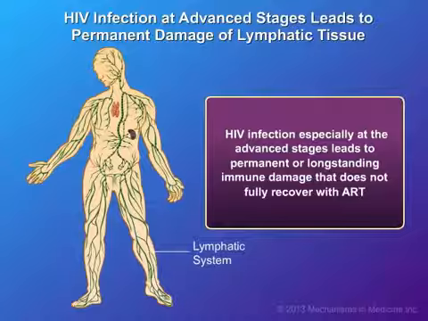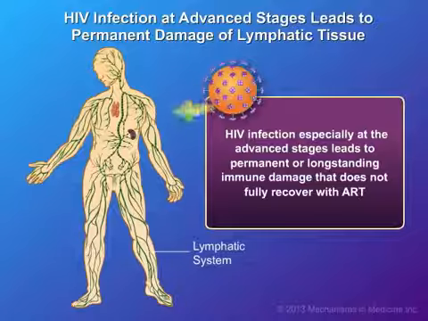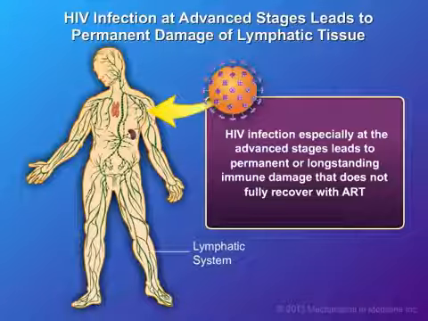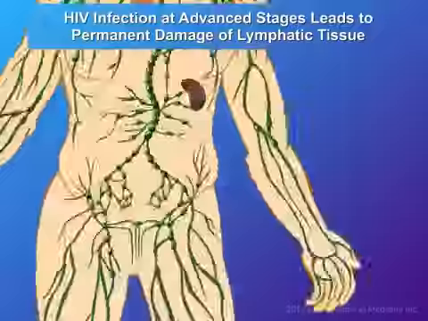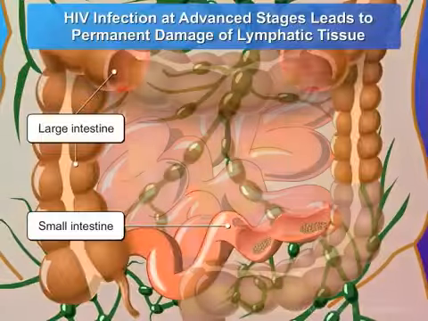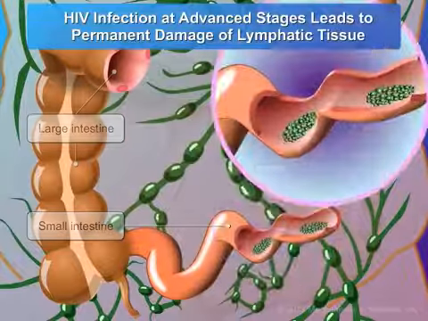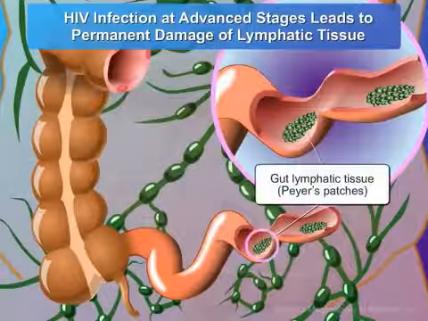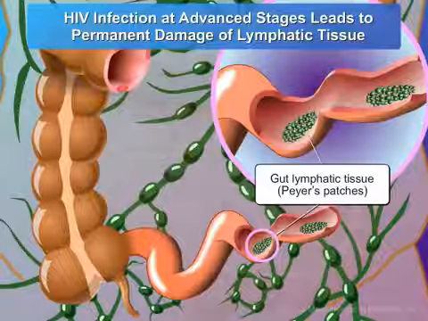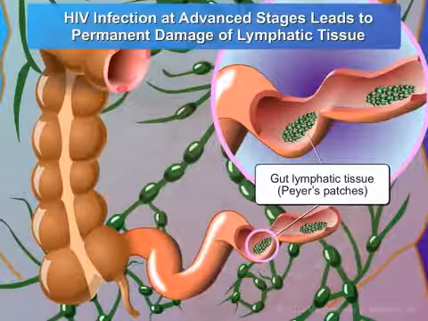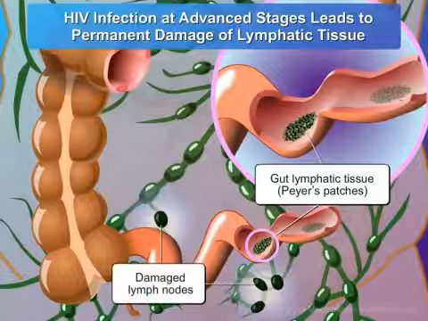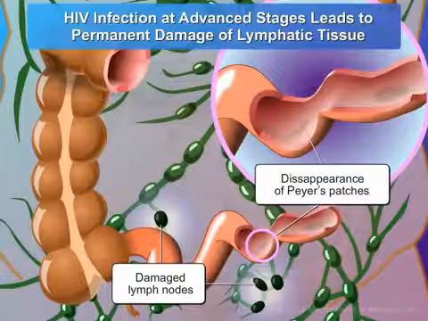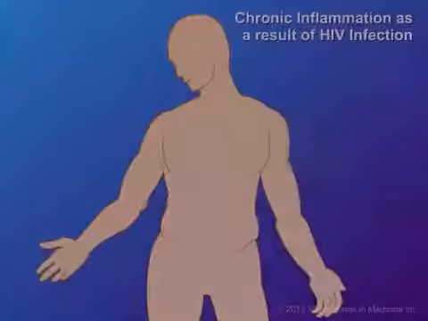However, HIV infection, especially at the advanced stages, leads to permanent or long-standing immune damage that does not fully recover with ART. HIV infection leads to fibrosis, or tissue remodeling, that causes damage to lymphatic tissue, which is unable to restore and maintain a population of CD4 cells, particularly in lymph nodes and gastrointestinal-associated lymphatic tissue, or GALT.